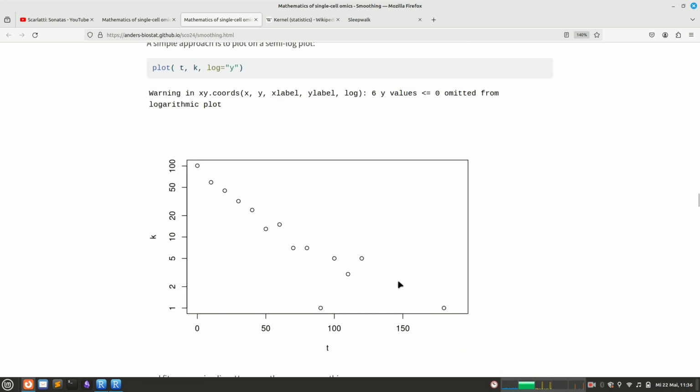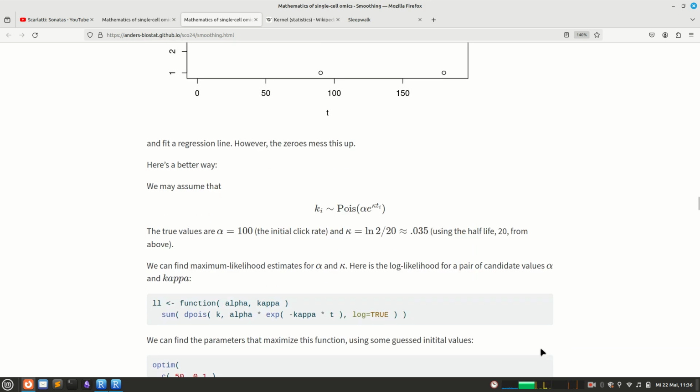So instead of simply fitting a line with normal regression, it would be better to use a maximum likelihood fit. We take an assumed value, and say our count should follow a Poisson distribution with alpha times e to the kappa t. Kappa is the decay constant, alpha is the initial amplitude of the radioactivity. And of course, we know alpha should be 100 and the decay constant should be ln 2 over 20.